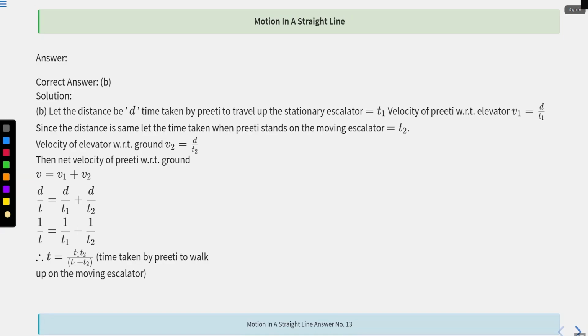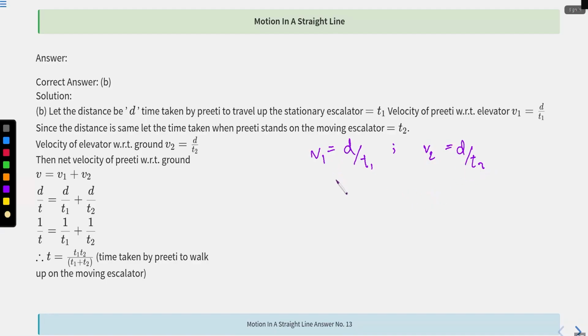What I mean to say is that velocity is nothing but distance by time. In the first scenario, the velocity was v1, so the equation will be d divided by t1. If it is velocity v2, then it is d by t2.